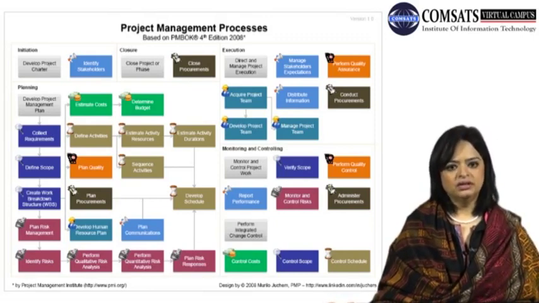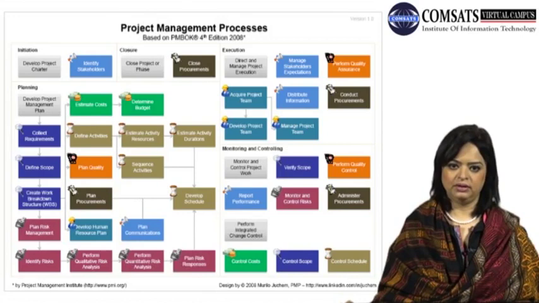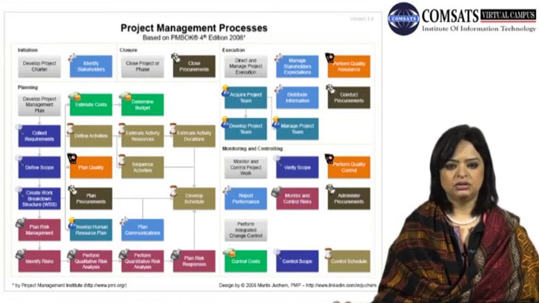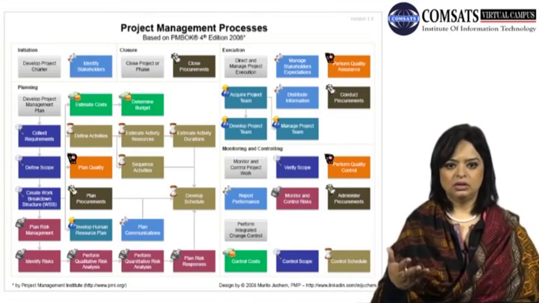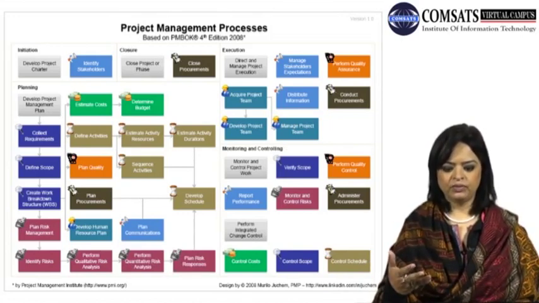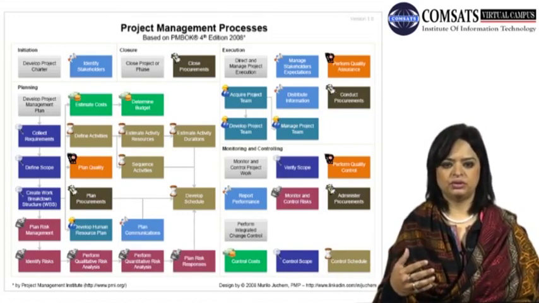Moving on to the third phase of the project, which is the execution phase, you also have one process out there from the knowledge area of project integration management. That is direct and manage. Direct means providing direction and managing project execution.